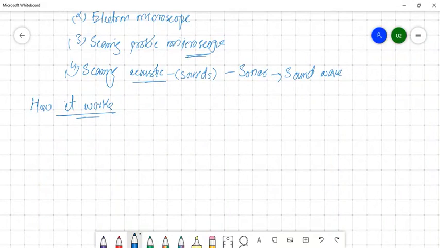So if we talk about structural components, so structural components, we have head or body. So it houses optical parts, light parts in the upper body.